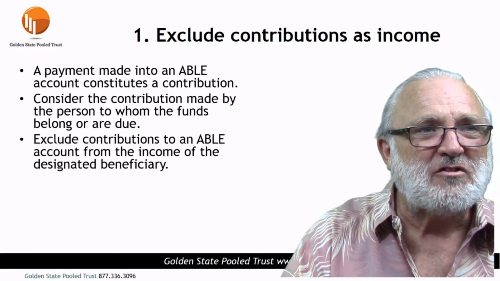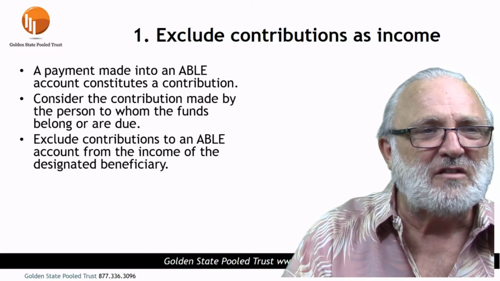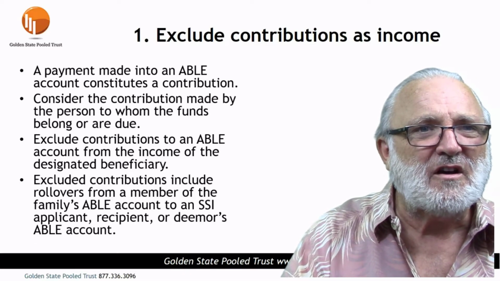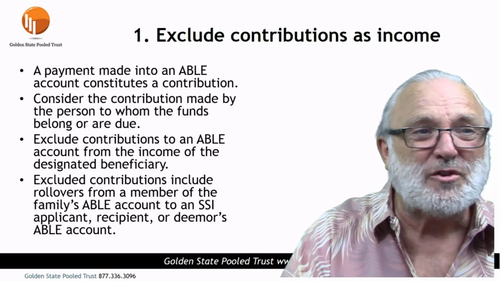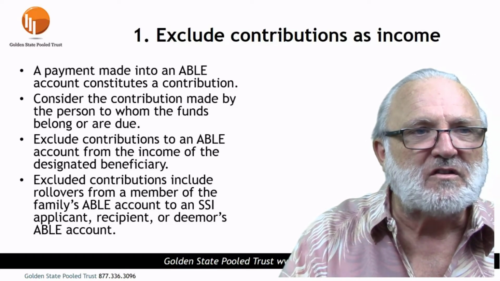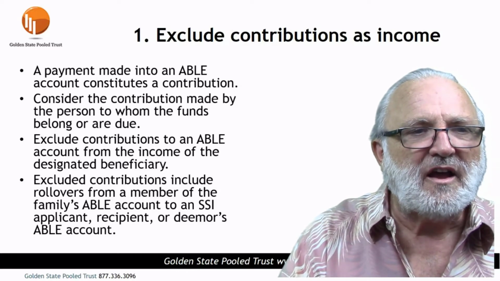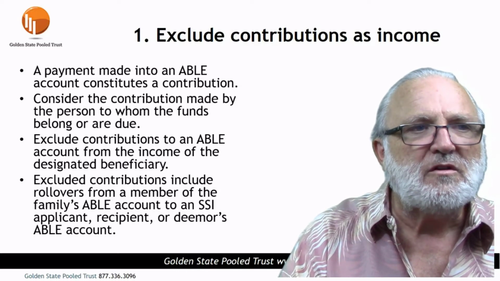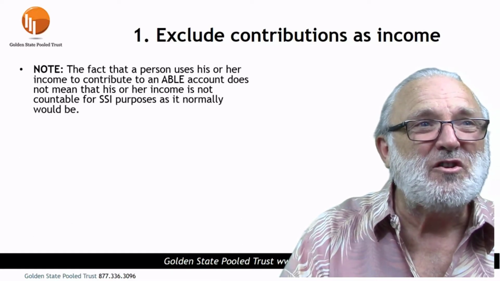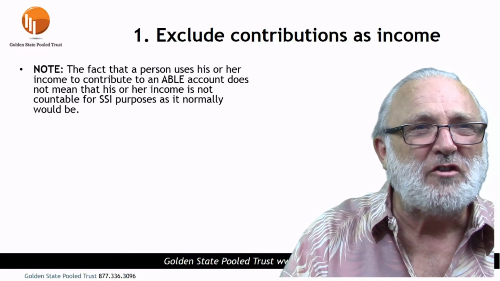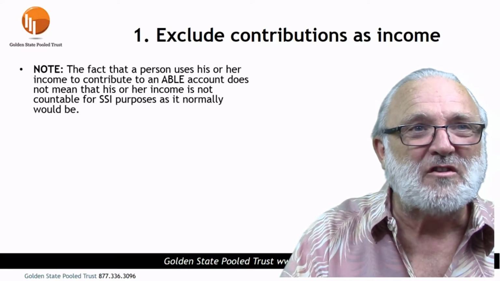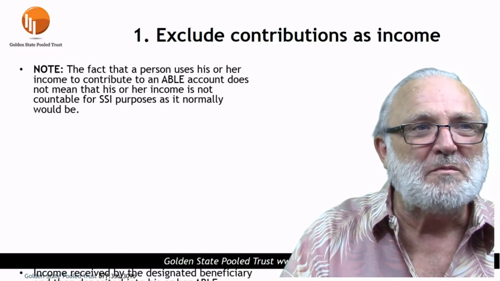Exclude the contributions to an ABLE account from the income of the designated beneficiary, and excluded contributions include rollovers from a member of the family's ABLE account to an SSI applicant, recipient, or deemer's ABLE account. Note, the fact that a person uses his or her own income to contribute to an ABLE account does not mean that his or her own income is not countable for SSI purposes as it normally would be.